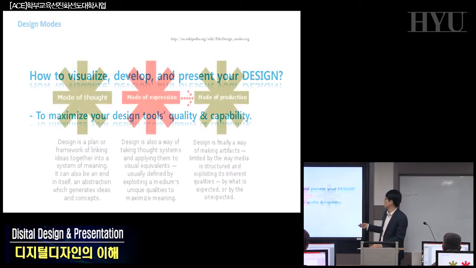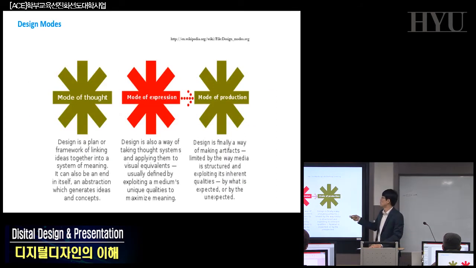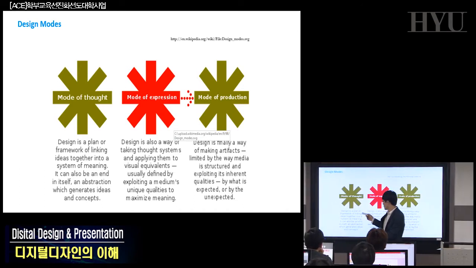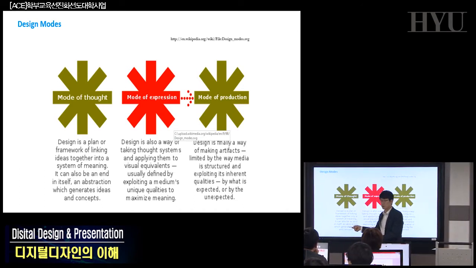We already learned this one when we were dealing with design mode. In mode of thought, what is mode of thought? Design is a plan. It's an idea. It's abstraction. The keywords are here: plan, ideas, abstraction.